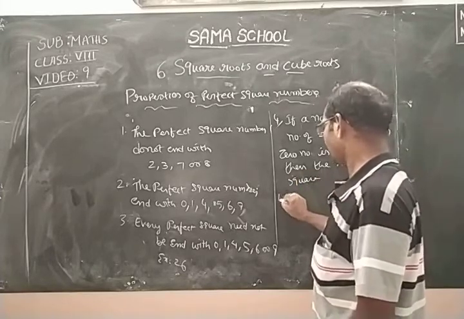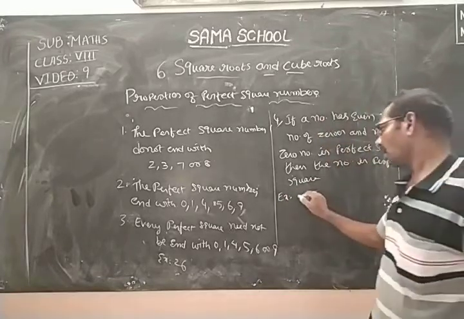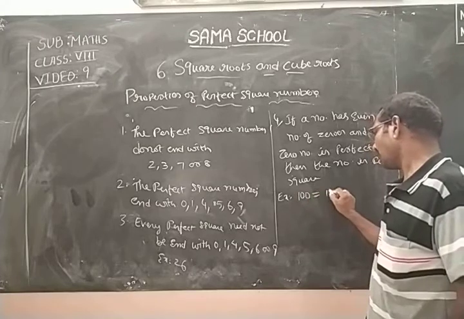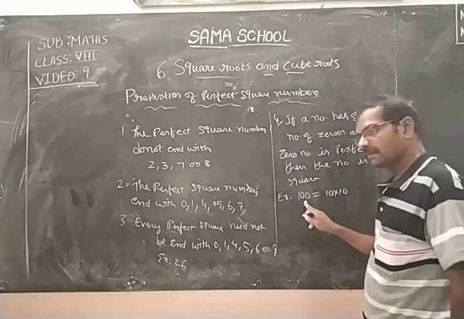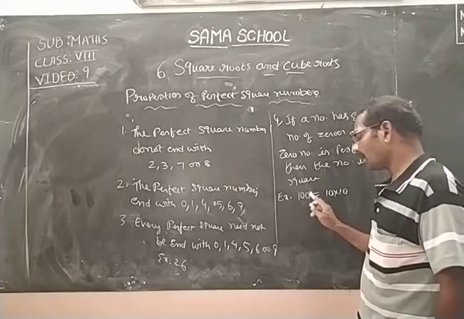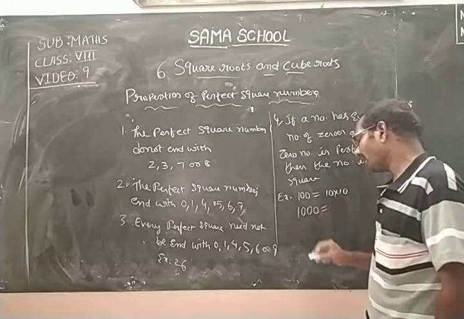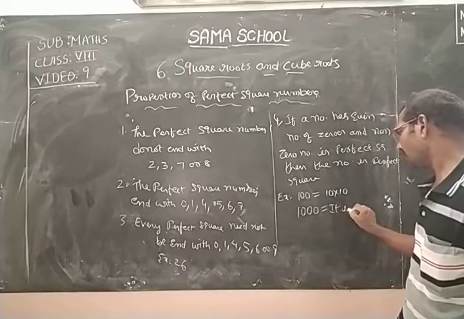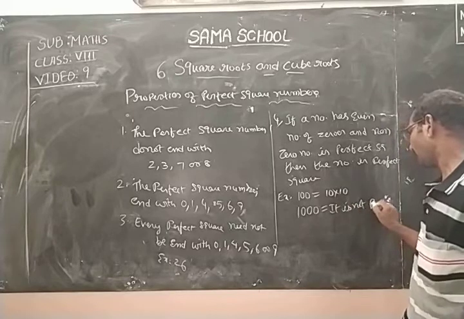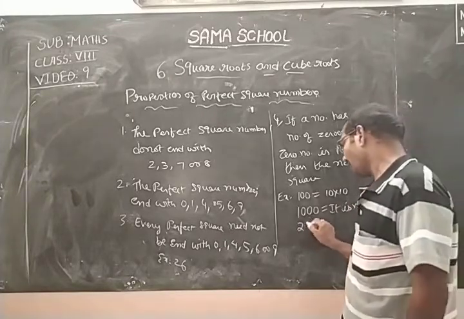One example I will discuss now. Suppose 100 is there. You can write it as 10 into 10. Here 100 ends with an even number of zeros. Suppose 1000. Here there is an odd number of zeros. It is not a perfect square. Suppose 200 is there.